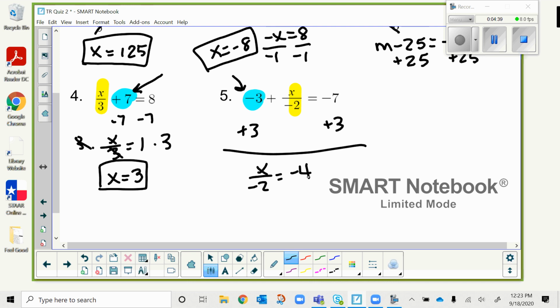And then to undo divide by -2, you multiply. So -2 on top cancels the bottom. And then on the right, you have +8.